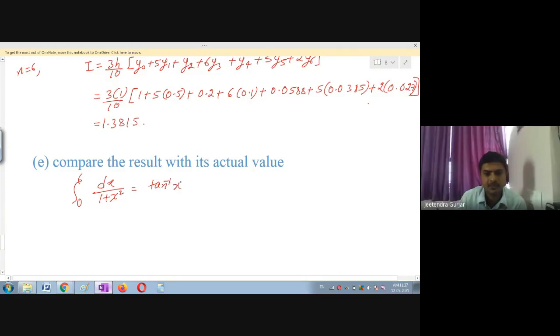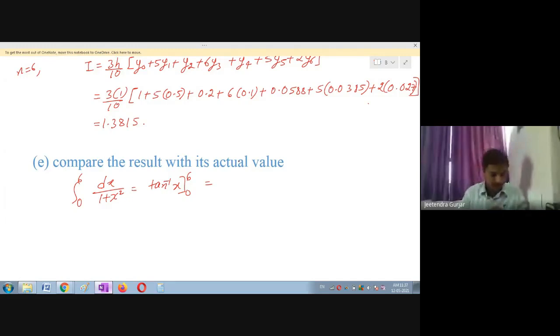Please remember it is tan inverse x from 0 to 6. So now substitute here and tell me what is the answer. Otherwise you can go to the calculator also. I think that will be easier for everyone. Where is the integration?